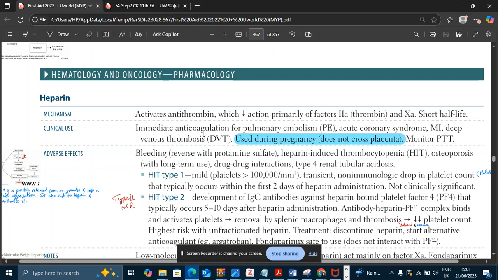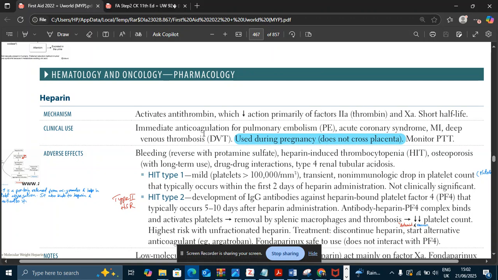What test would we offer to the patient? If a patient is on warfarin or heparin, we will monitor PTT, PT, and INR. Okay, so these are the tests we monitor when the patient is on heparin and warfarin.